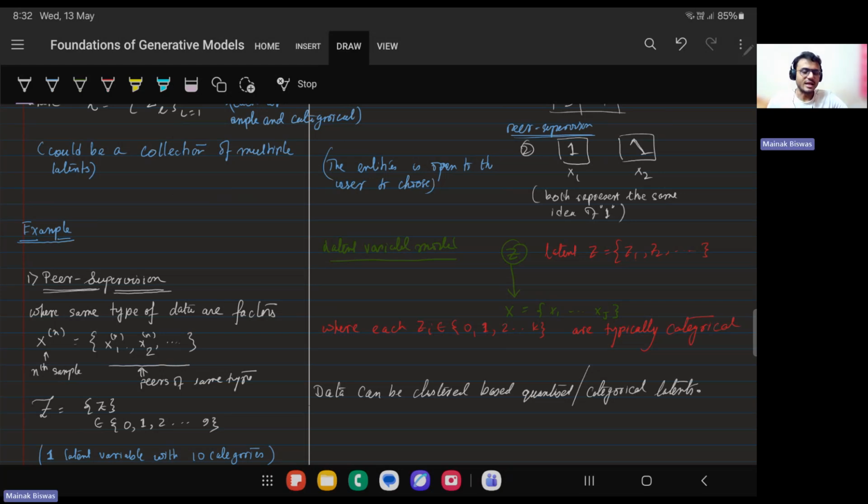These latents will tell me, okay, this is a number one. A latent could represent just number one, and that one value of the latent could generate the entire data of any possible ones. That's the idea.